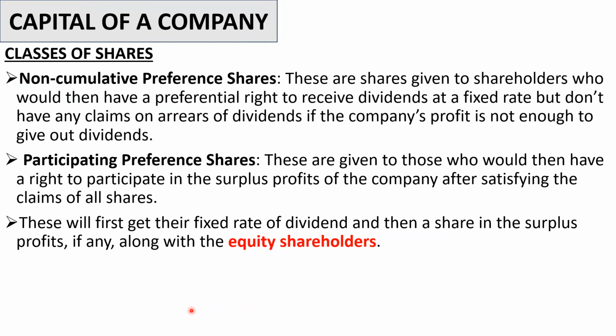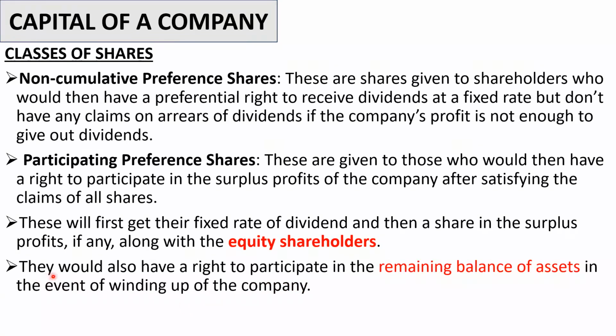They also have a right to participate in the remaining balance of assets in the event of winding up of the company. So if the company closes, the participating preference shareholders are also going to benefit from the remaining assets of the company. That power bank that has remained unsold, when it's sold, they are going to get part of the money.